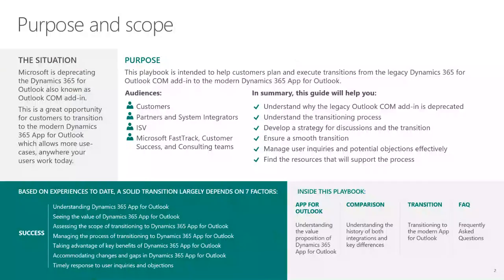So this playbook is intended to help customers and also their partners plan and execute transitions from the legacy Dynamics 365 for Outlook COM add-in to the modern Dynamics 365 app for Outlook.